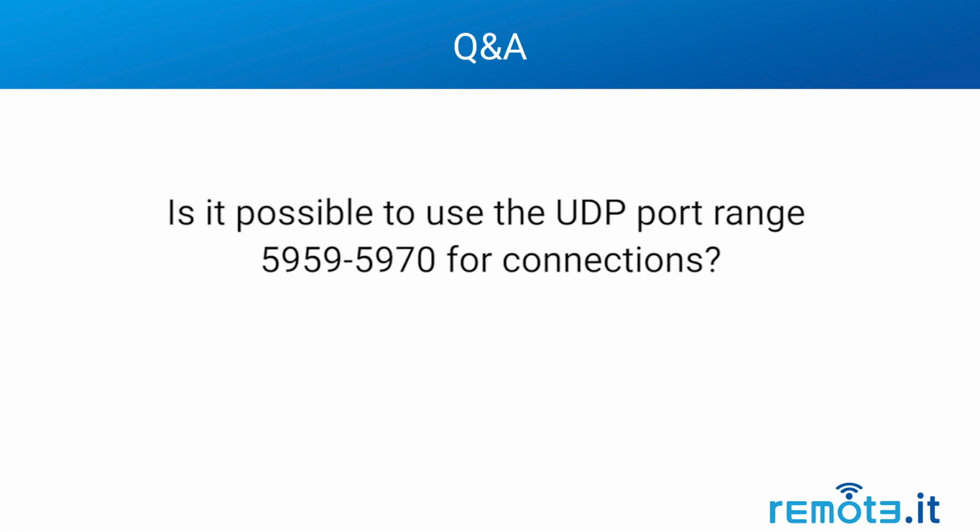If you want to limit the number of open UDP ports, you can just open 5959 through 5970, and then also make sure that you initiate your peer-to-peer connection within that range. You cannot do this for proxy connections because proxy connections use that full range of 20,000 to 40,000.